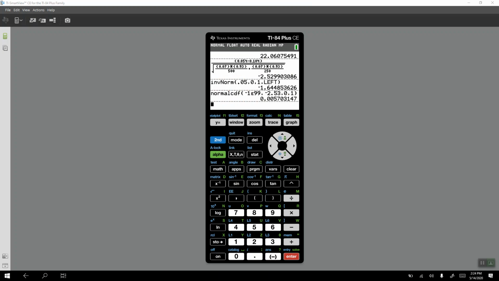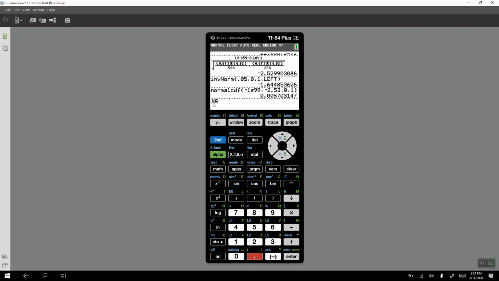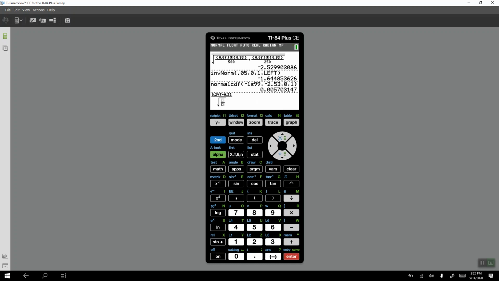Alright, here we are. So I'm going to start with my fraction. I have a fraction, so I'm going to do the numerator first. The numerator was 0.247 minus 0.22. The denominator, I need a square root. There we are. And then I'm going to use a fraction. There we are.